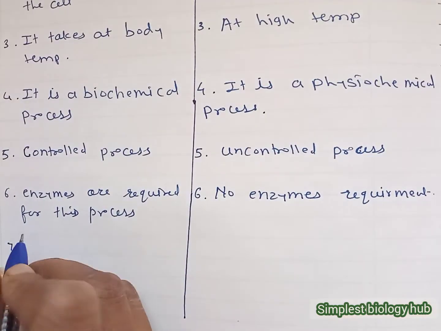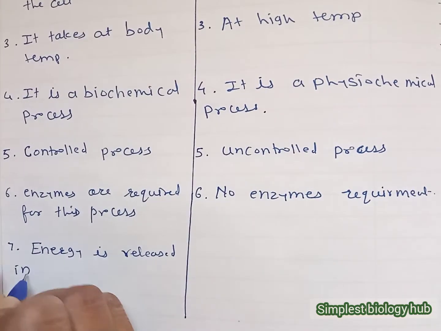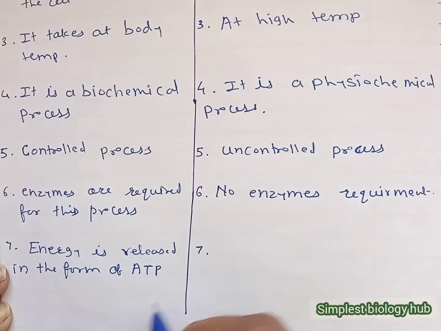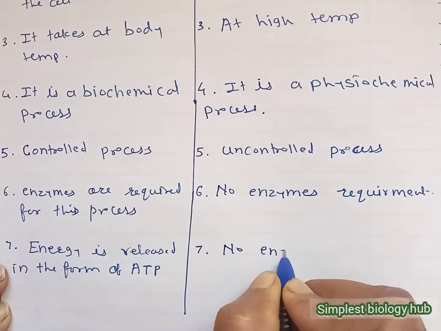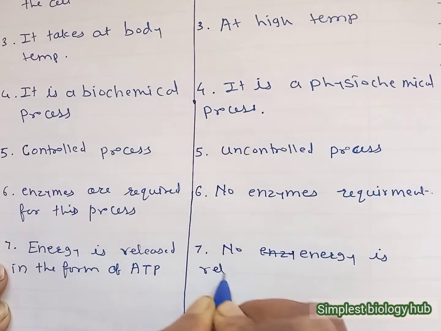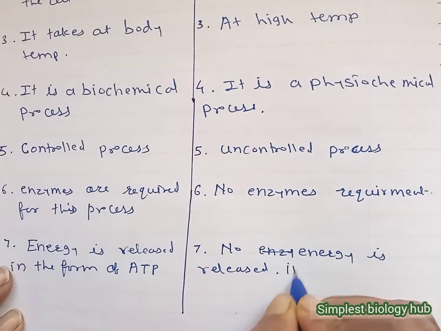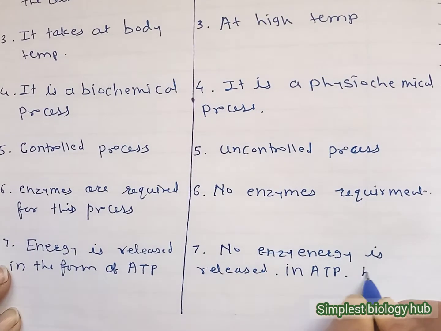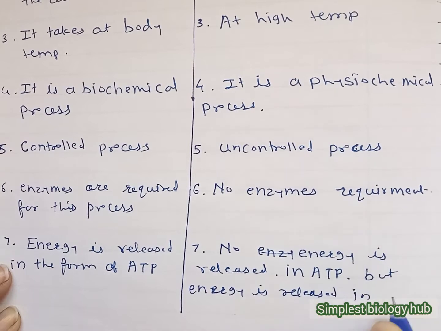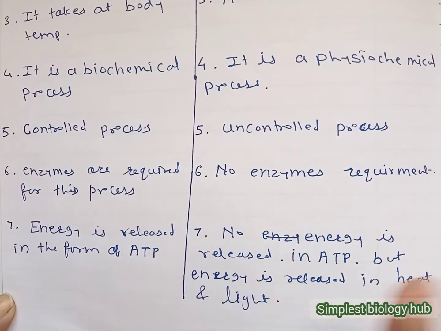And the last one is energy release. In respiration, energy is released in the form of ATP, and that energy we utilize for our daily activity, while in combustion no energy is released in the form of ATP, but energy is released in the form of heat and light.